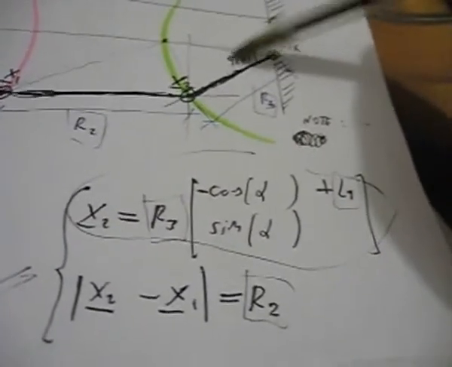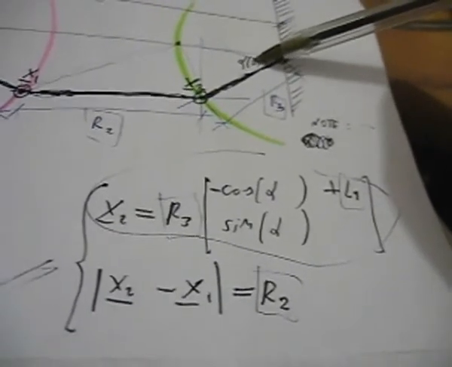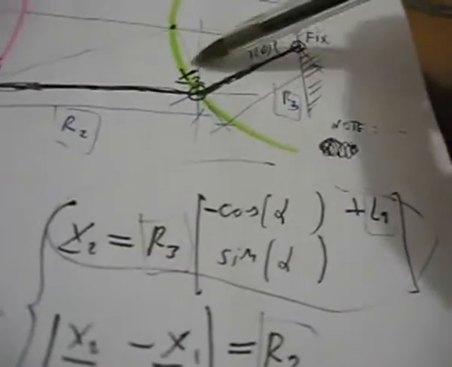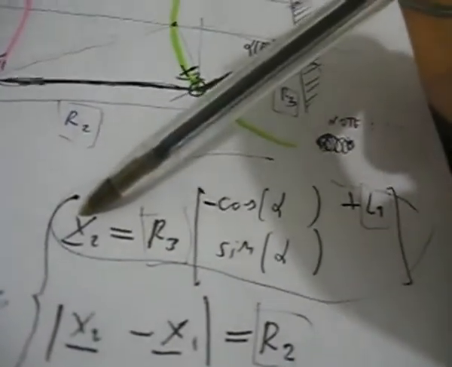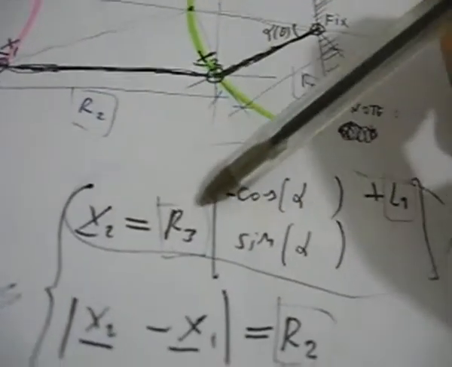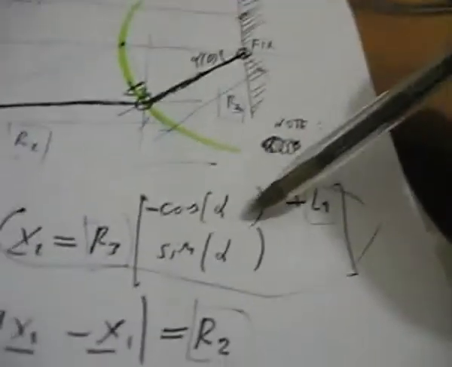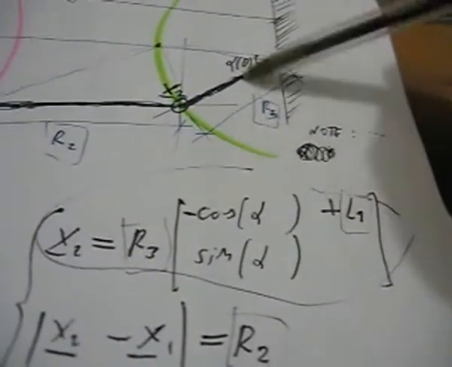One says that the second, if we say here is an angle called alpha, it depends on theta, we don't know how it depends, then this point will have position this one plus L1, of course this is L.